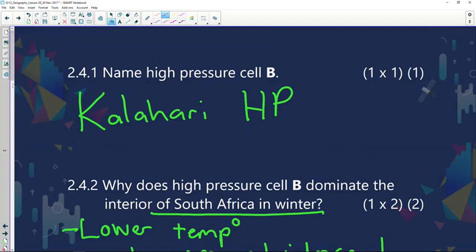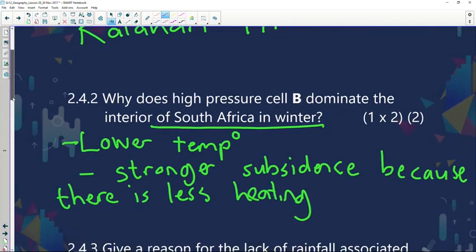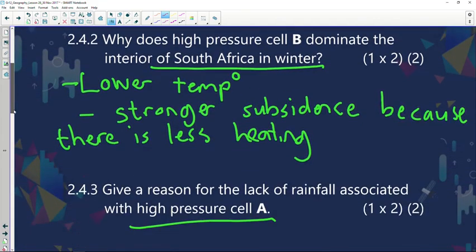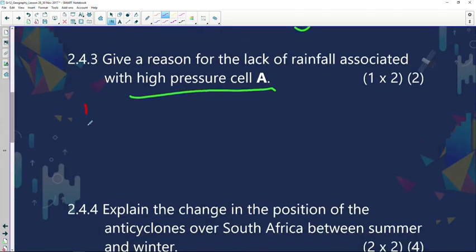So let's just quickly answer that question. 2.4.3. Now, as you can see, it's located, first of all, over a cold ocean. And secondly, we're dealing with high pressure systems over here. The air is physically sinking, it's not rising. In order for rainfall to fall, what do we need?